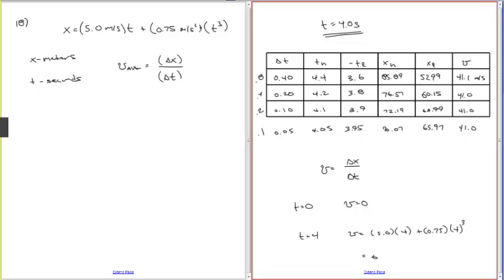Actually, that's not the velocity, that's the distance. So the distance is 68 meters, and this is 0 meters.